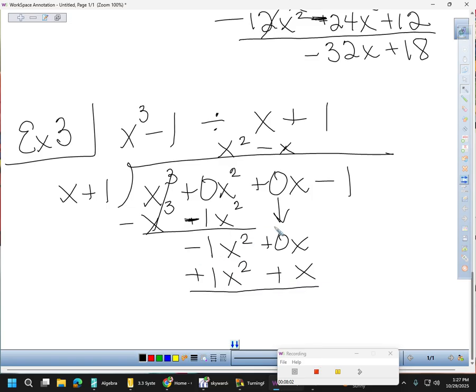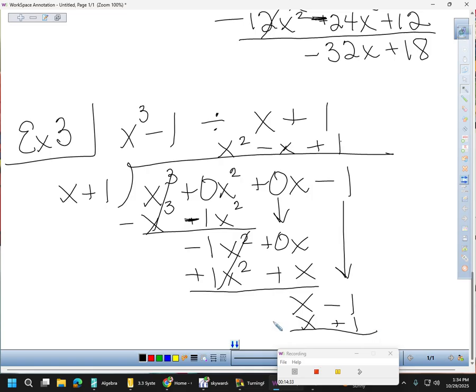My negative 1x squared and positive 1x squared cancel out. 0x plus 1x is 1x. Bring down minus 1. What times x will give me x? Should be 1, plus 1. 1 times x gives me x. 1 times 1 gives me 1.